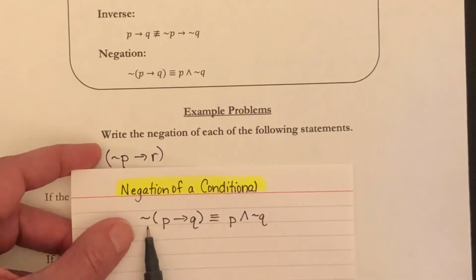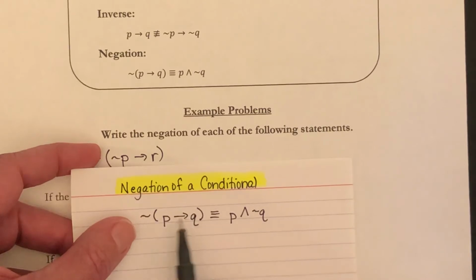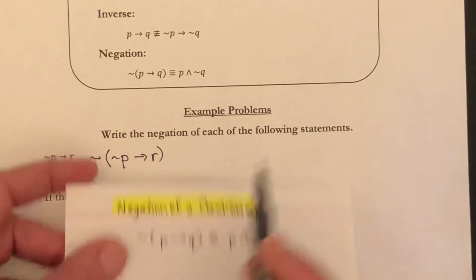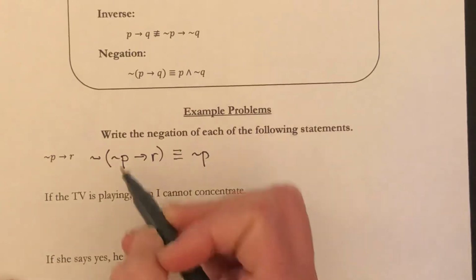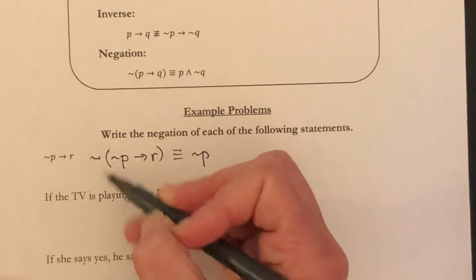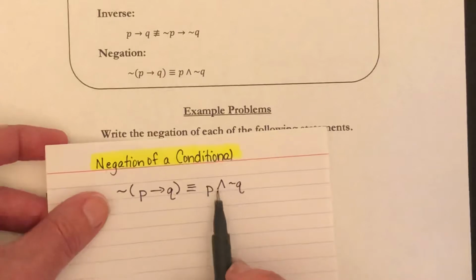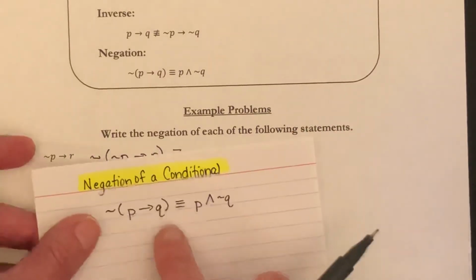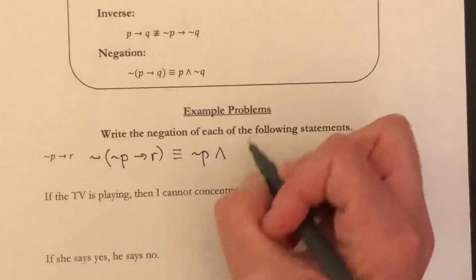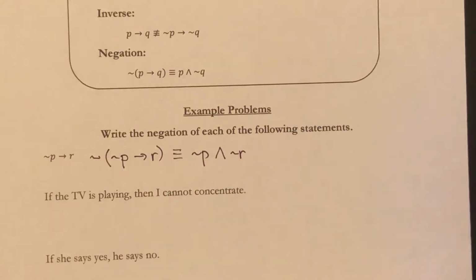Now this says to negate it, you write down the first one exactly the way it was. So this is equivalent to not P because that's what's in this position right here. And not the second part, so not R. So the negation of this conditional is not P and not R.